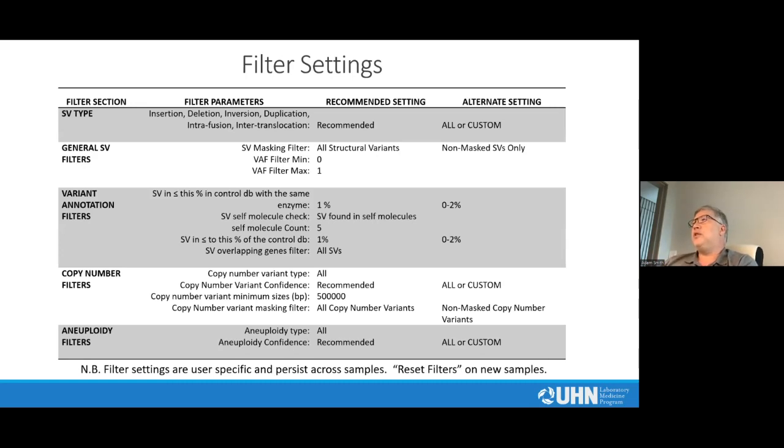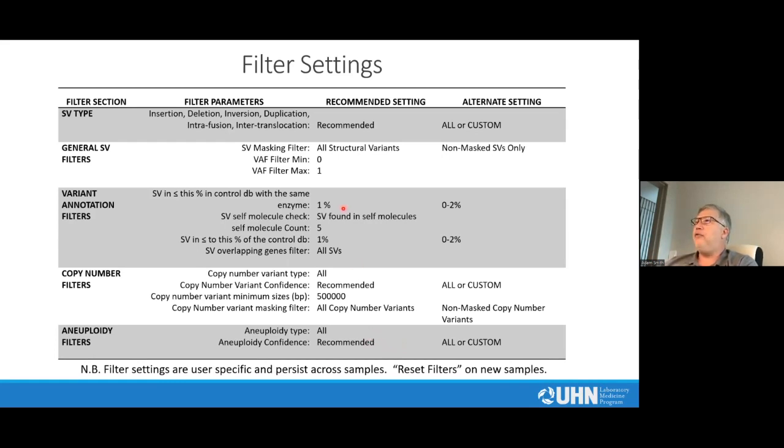So this is a table of filter settings that we use for analysis. If you're not terribly familiar with using the Access software, this won't mean a whole lot to you.